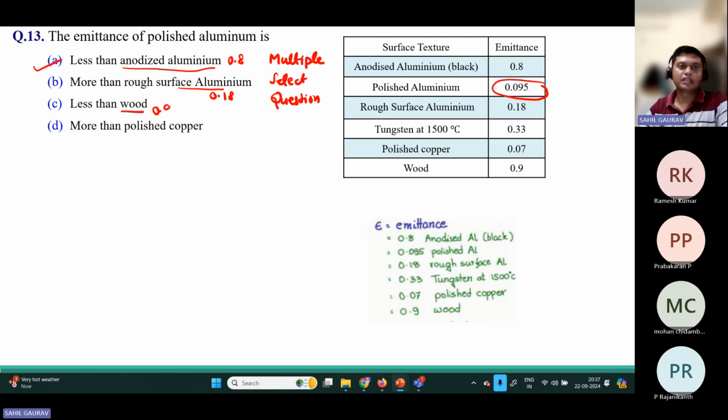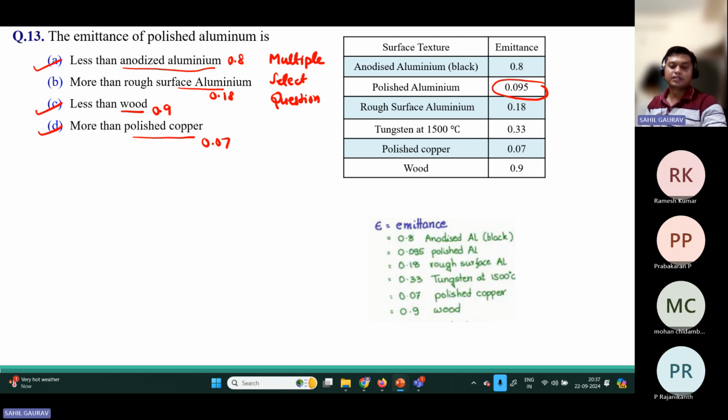Wood value is given as 0.9, but its value is 0.095, so it is correct. More than polished copper. Polished copper value is 0.07. So C and D both are correct. Less than wood, yes, it is less than wood. More than polished copper, it is more than polished copper.